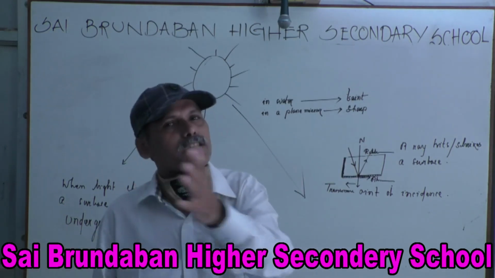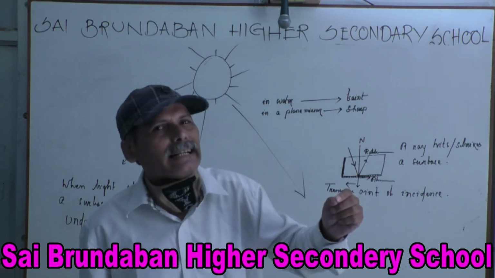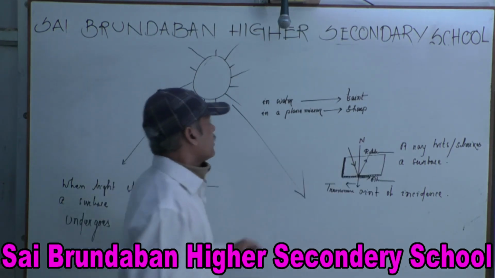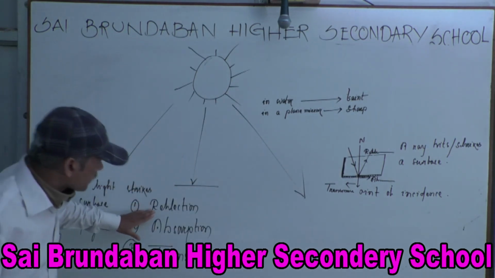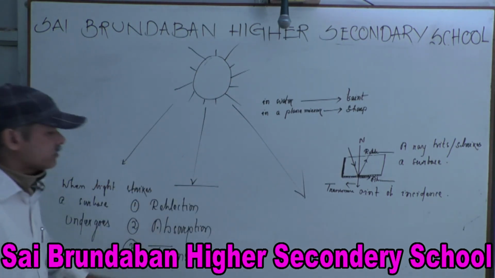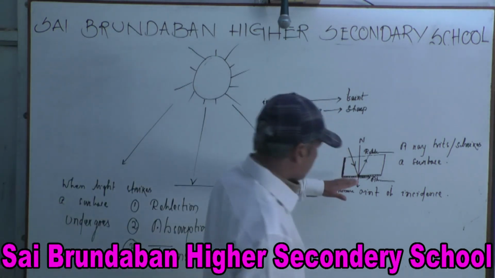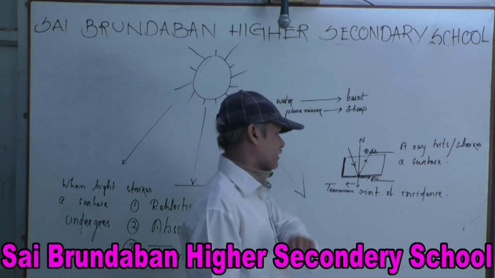Most of the part is being reflected, very little is absorbed. That's why heat is generated. So this is all about reflection, absorption and transmission, and these things happen when a ray strikes a surface.